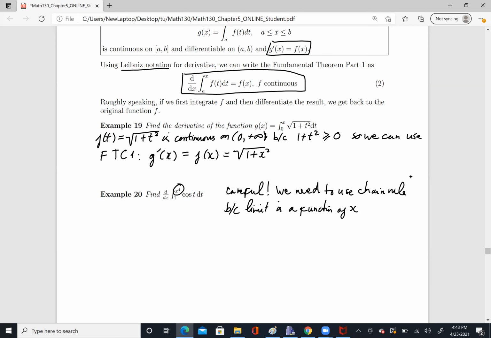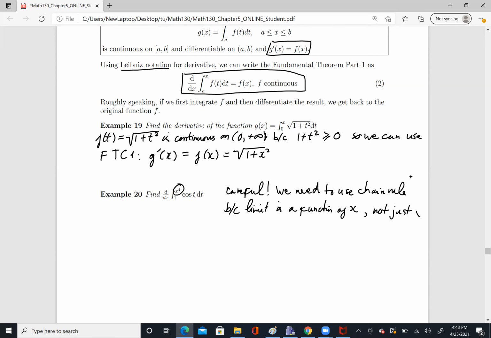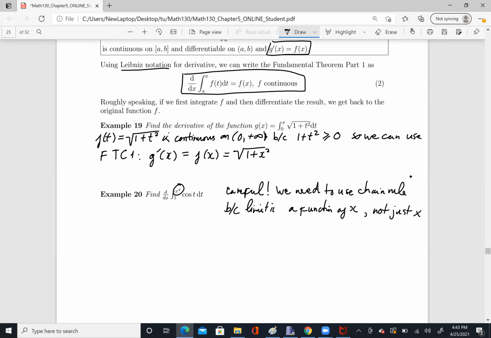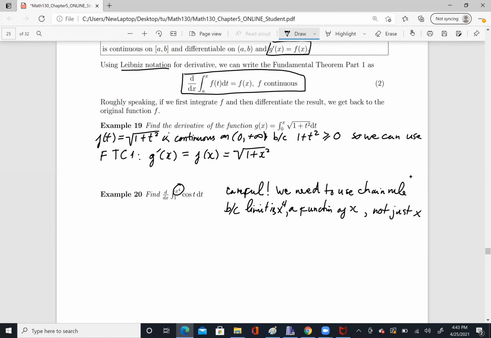Not just x. Maybe I'm gonna say here, limit is x to the power 4, which is a function of x.